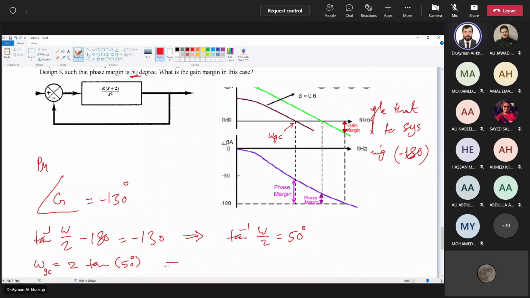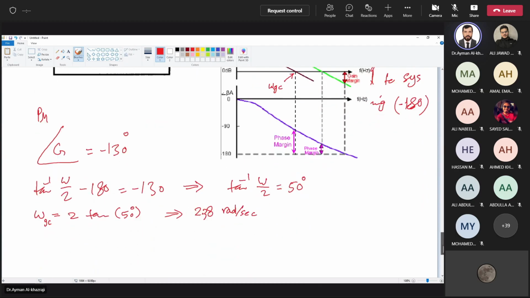So I will find that this value equals 2.38 radian per second, because this is omega. Good.